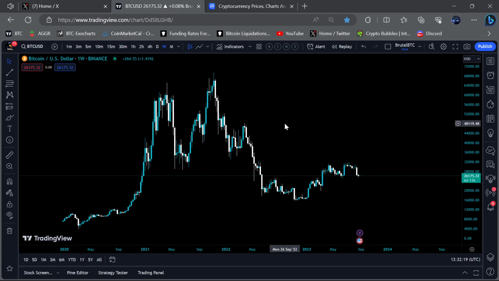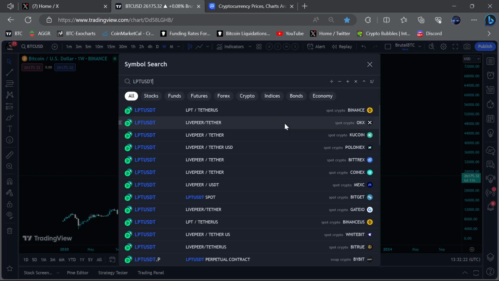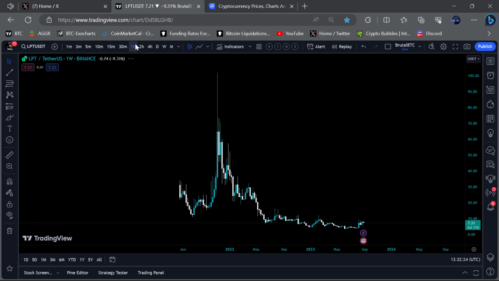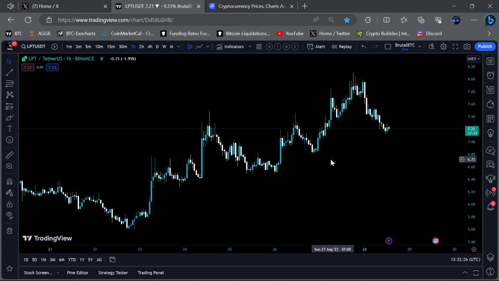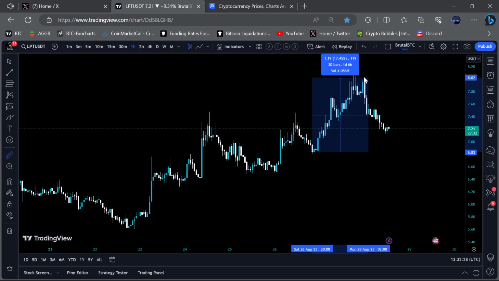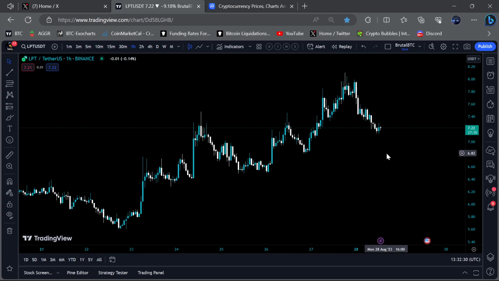For example, LPT. This is just a coin, I'm just sharing it with you guys for learning. Look at this. This coin is giving you a difference of 18% in almost, yeah, we can count the candles by the way. 1 hour, 1 2 3 4 5 6 7 8 9 10 11 12 13 14 15 16 17 18 19 20, something like this.